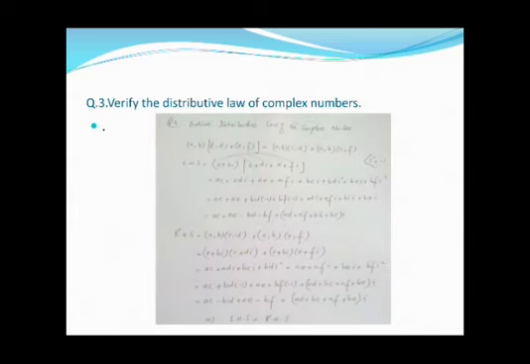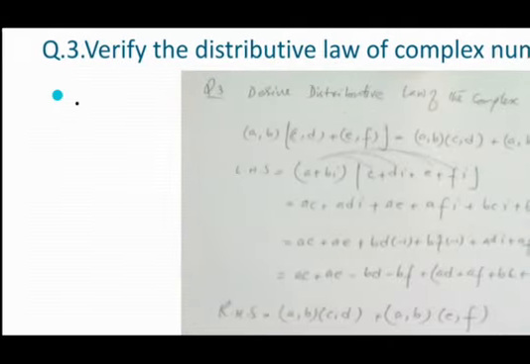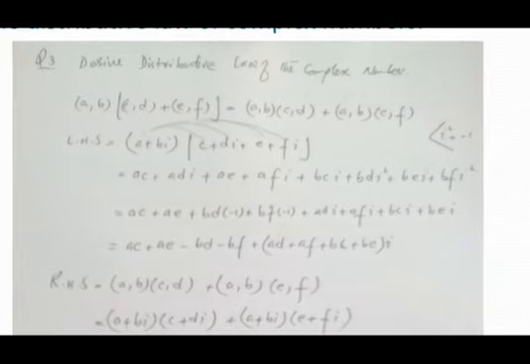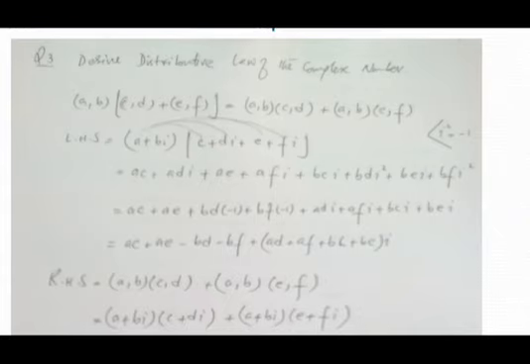Question number 2 is the same as the first question. Now question number 3, verify the distributive law of complex numbers. In the distributive property, a complex number A, B multiplied by two complex numbers in a bracket becomes the same result according to the distributive property.